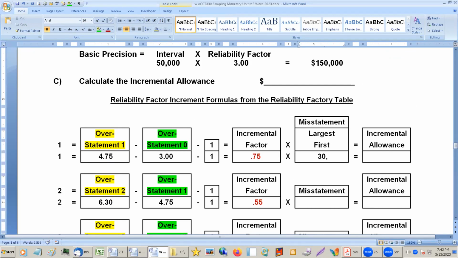So that's what we're going to put in. So 75. So the incremental allowance will be, what is that? 22,500.